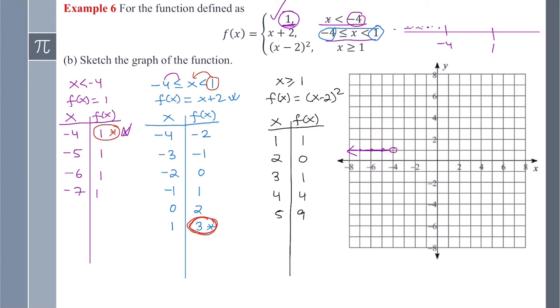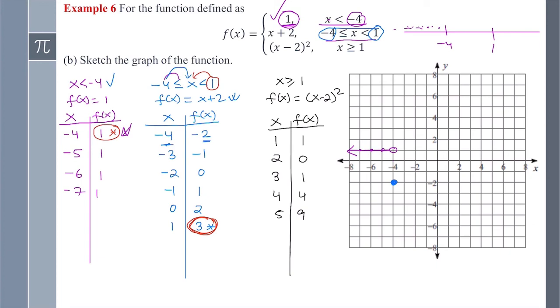Now let's move on to the second piece. When x is -4, the y value is -2, and I'll make a solid dot because -4 is included here. In the previous case I made an open circle because -4 was not included in that interval.